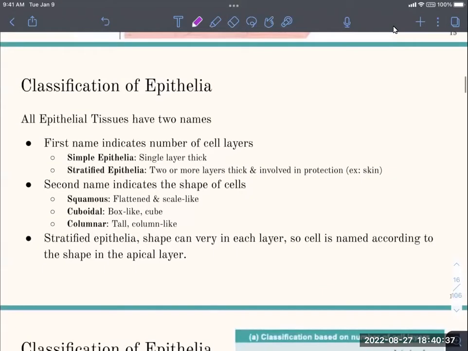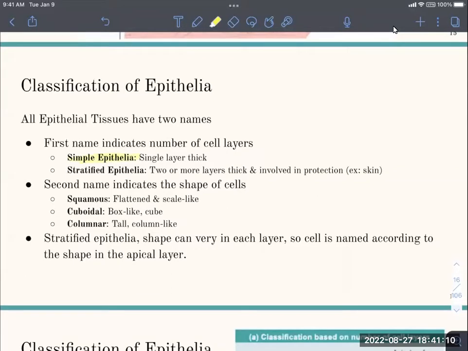Now that we went over the specific characteristics of epithelia, let's look at the different kinds of epithelial cells. The epithelial cells always have two names. The first one is the layers. So we have a simple epithelia.